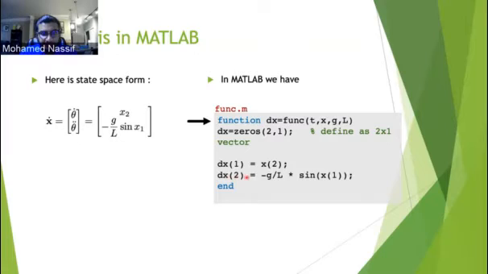And then the second element, dx of 2, is equal to minus g over l times sine x of 1. It's pretty simple. In this function, x of 1 is your angle, x of 2 is your angular velocity, which is theta dot, and that's what it looks at right here. And your output here is your velocity and acceleration.